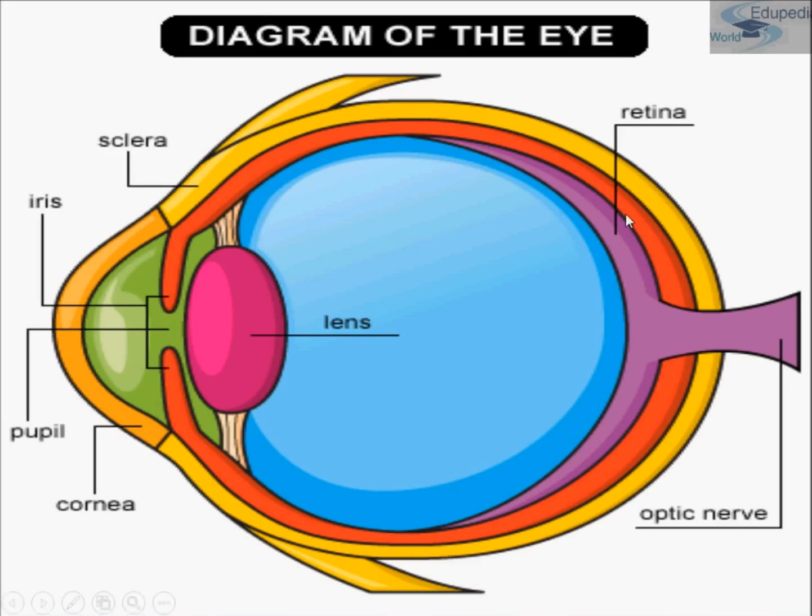This is retina, which covers the inside of the rear part of the ball. And what does iris do? Iris controls the amount of light, because the retina absorbs nearly all the light which falls upon it. This is done by varying the aperture of the pupil with the help of iris.